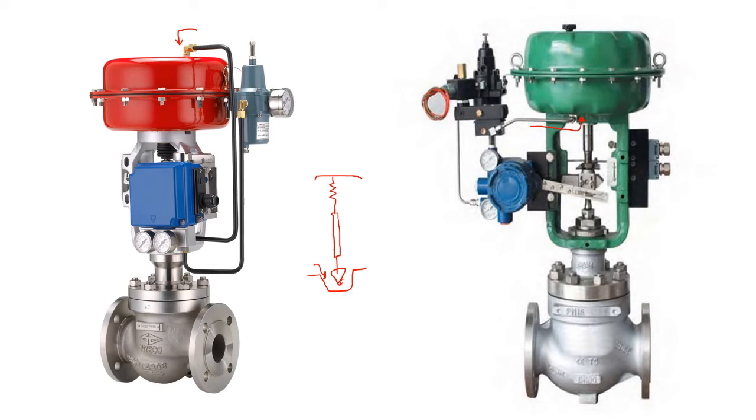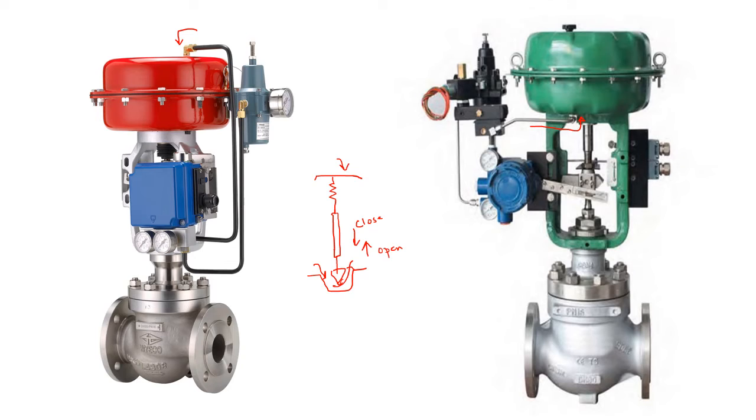And this is the flow path. This is how the flow is going through. So when the plug comes down, there is a restriction to flow, and flow increases when the plug moves up. So when it is coming down, it is closing, and when it is moving up, it is opening.